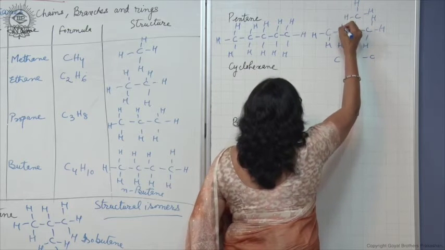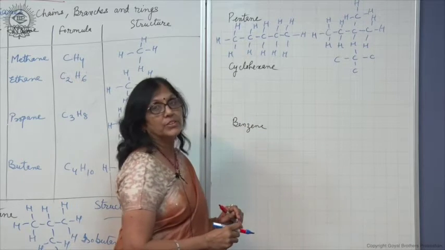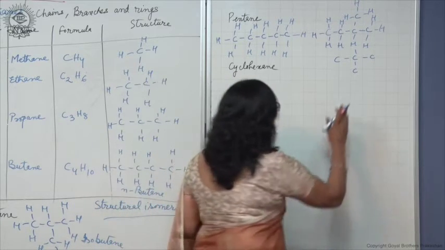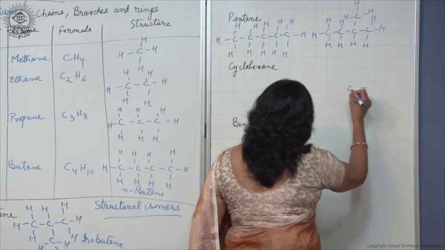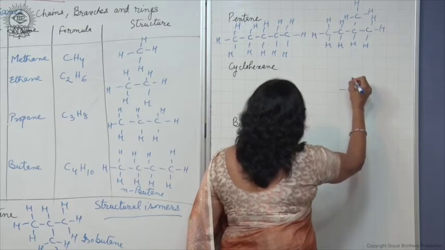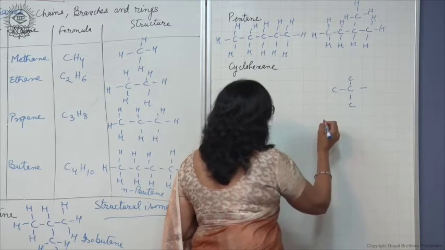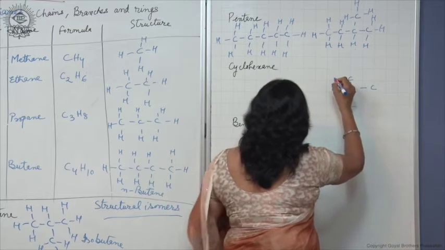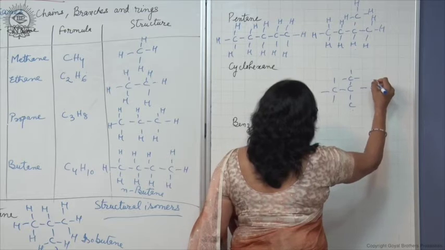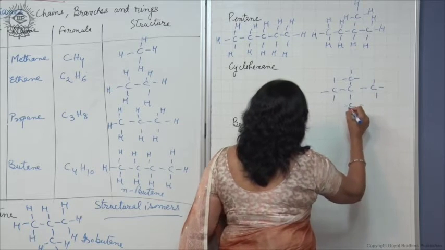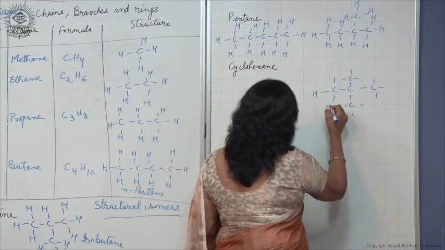You make sure that 4 valencies of carbon should be satisfied in each case. And now this, okay, and writing of hydrogen everywhere.